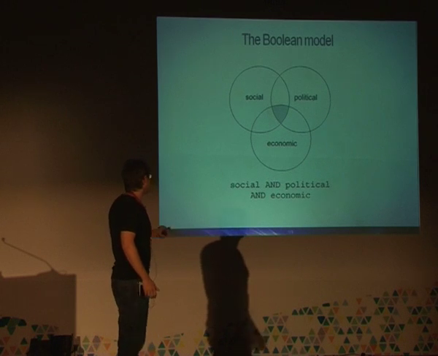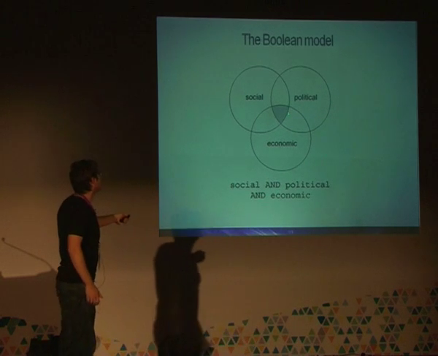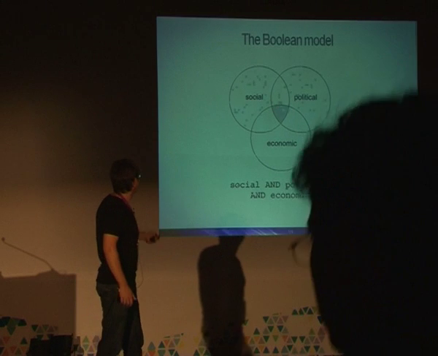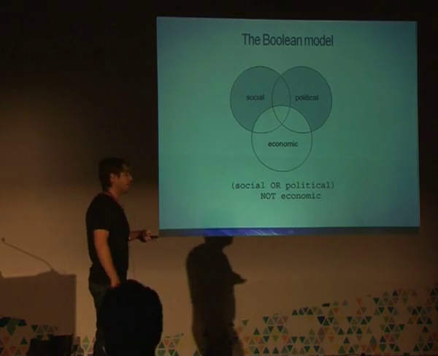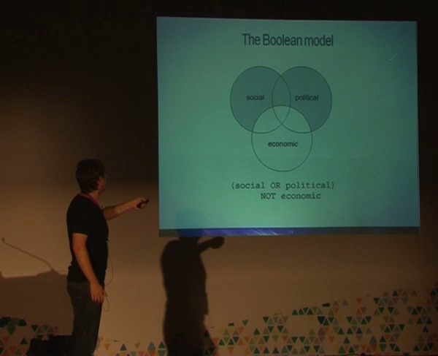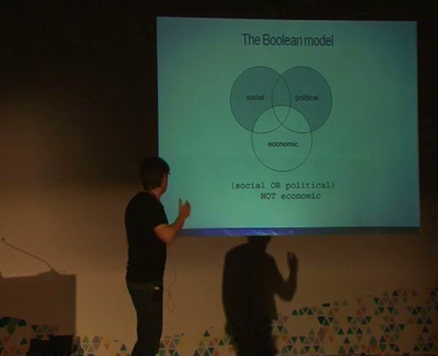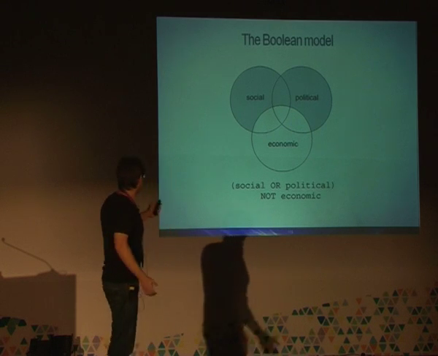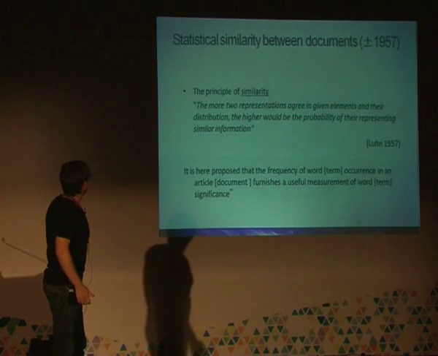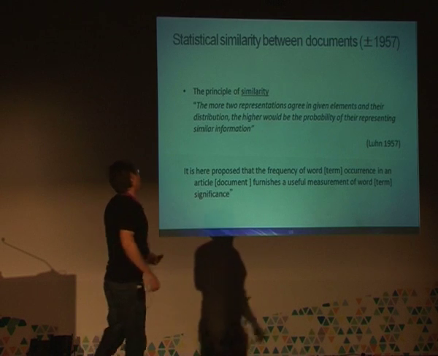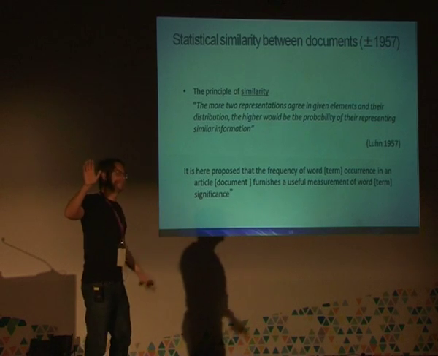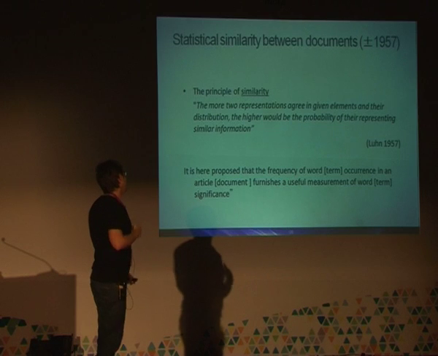If you want social and political and economic, it will be this little thing in the middle. If you want social or political, but not economic, it will be this set here. I mean, you've seen this when you were like 10 years old, I guess.